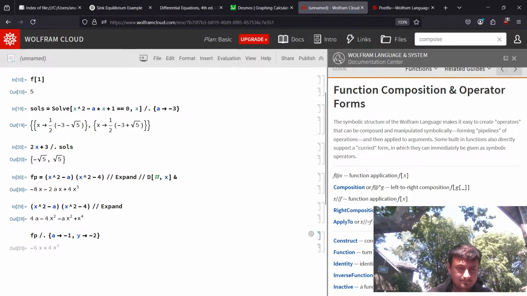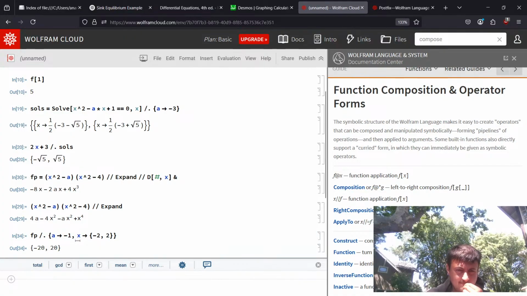Okay, so the negative is going to be a sink, and the positive is a source.